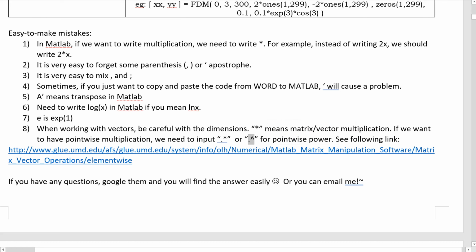Right now, in this chapter, we're doing scalar-valued functions, so that's fine. But in later chapters, we're dealing with vector-valued functions. If you have any questions, Google them and you will find the answer easily, or you can email me.